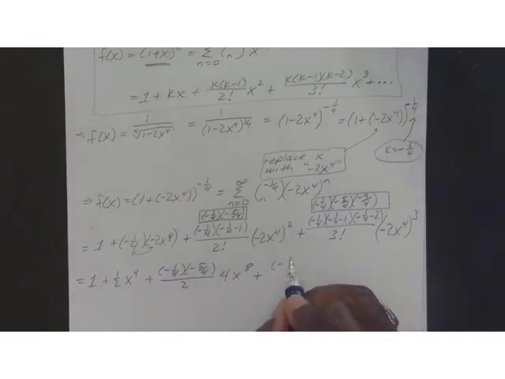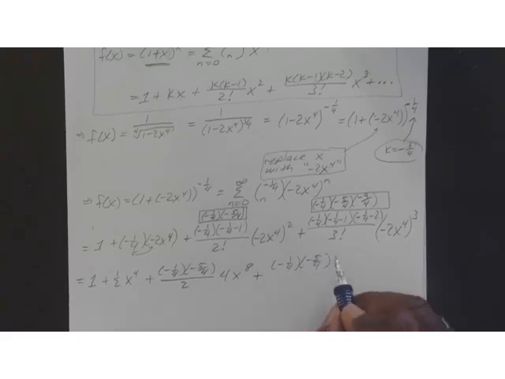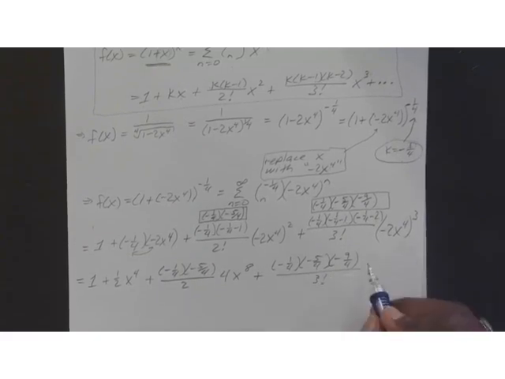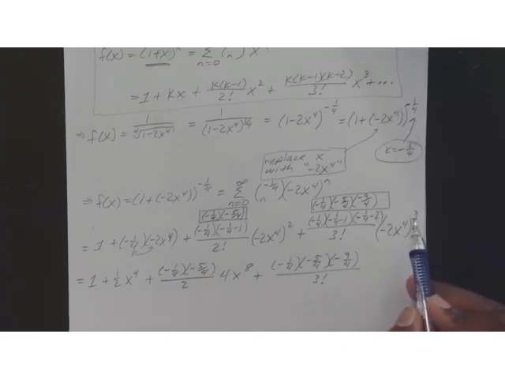Okay, so we have negative 1/4 times negative 5/4 times negative 9/4 divided by 3 factorial times negative 2 to the 3rd power is negative 8. And x to the 4th power raised to the 3rd power is x to the 12th power.